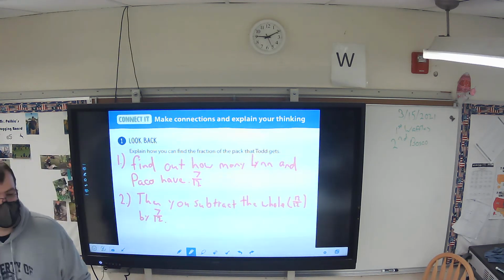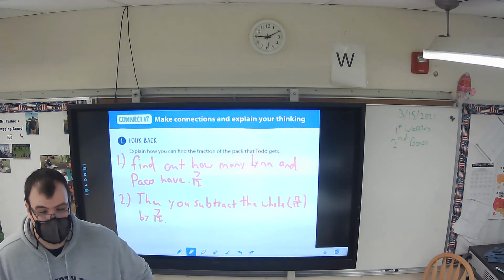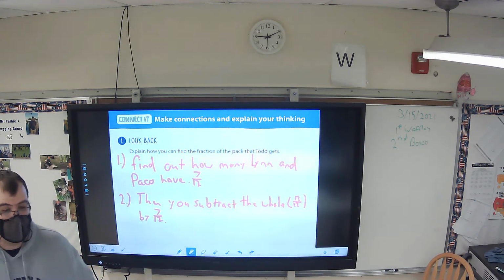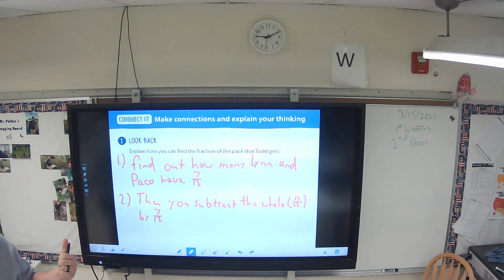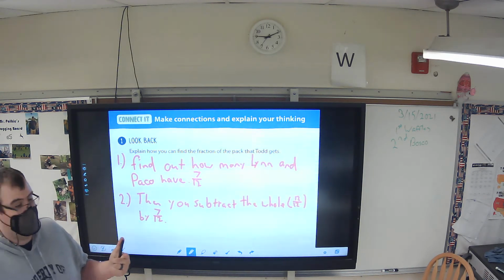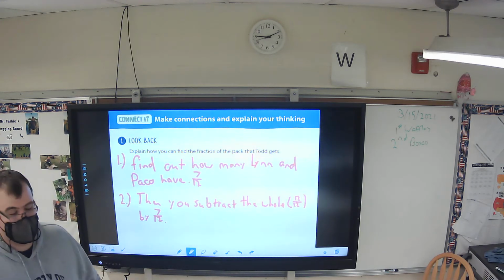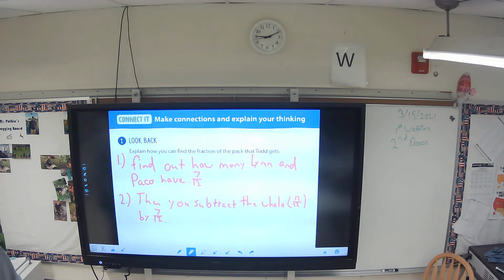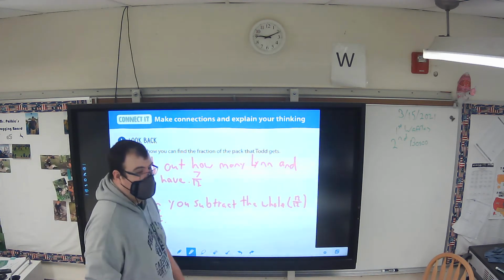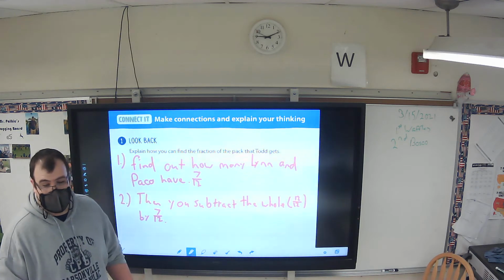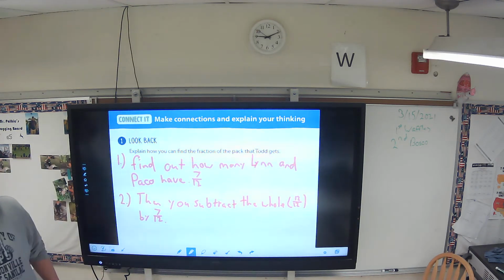That's all we did, right? Is that a multi-step problem? Yeah. There was a multi-step there, wasn't there? First we had to figure out how many cards there were, right? Then we subtracted that from the whole. Any questions? Adding and subtracting fractions are pretty simple, really, aren't they?